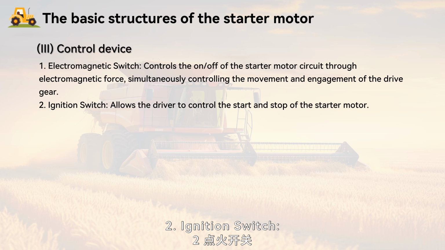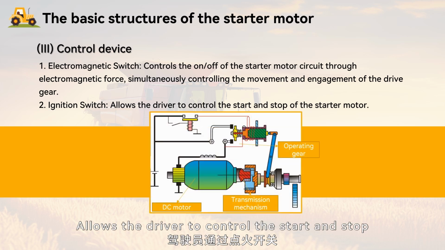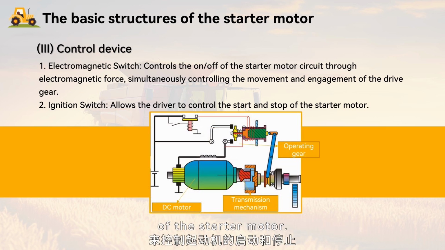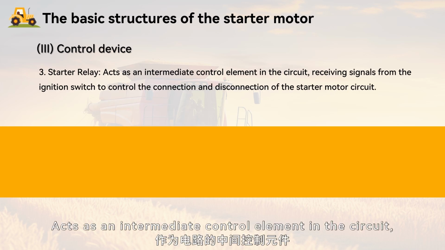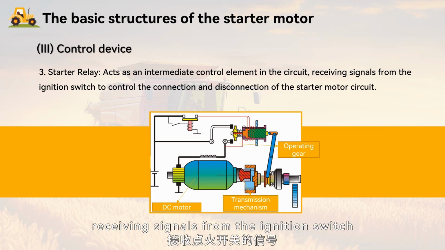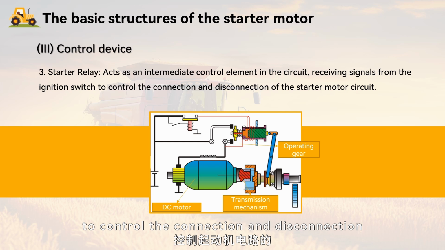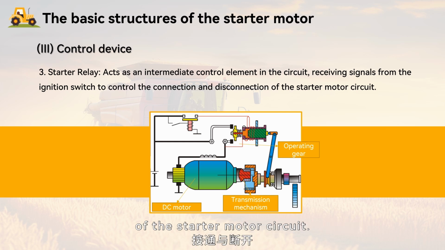Ignition switch. Allows the driver to control the start and stop of the starter motor. 3. Starter relay. Acts as an intermediate control element in the circuit, receiving signals from the ignition switch to control the connection and disconnection of the starter motor circuit.